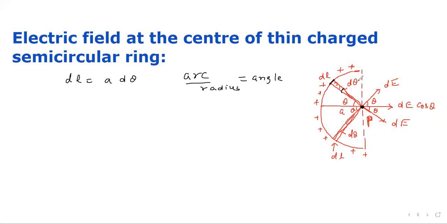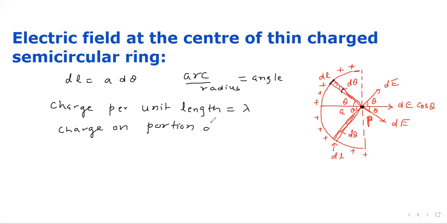Now charge per unit length is suppose lambda, then charge on portion dl will be equal to, suppose this is dq, lambda dl, and we put the value of dl as a d theta. So dq equal to lambda times a d theta.